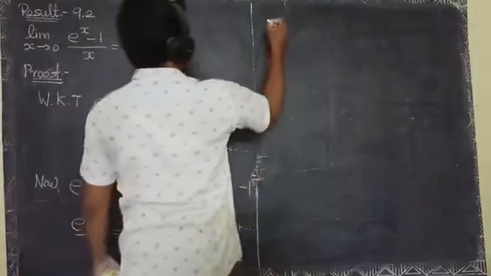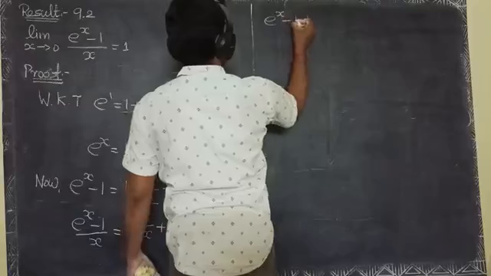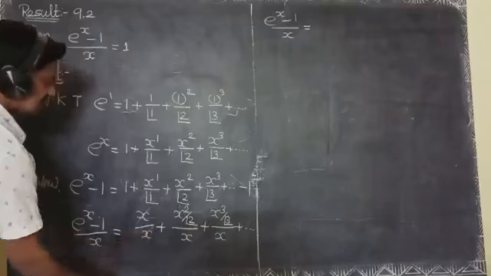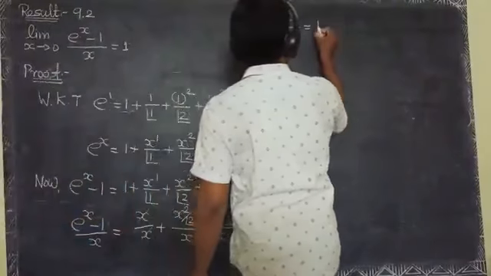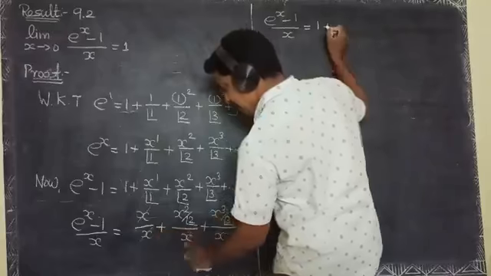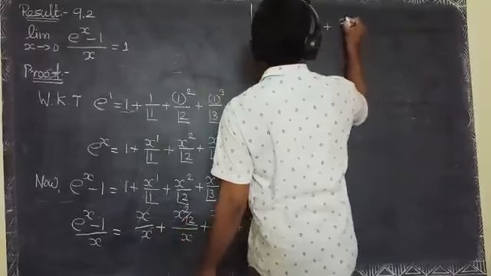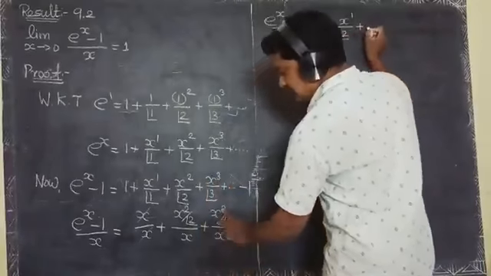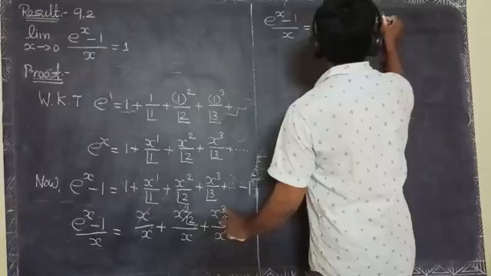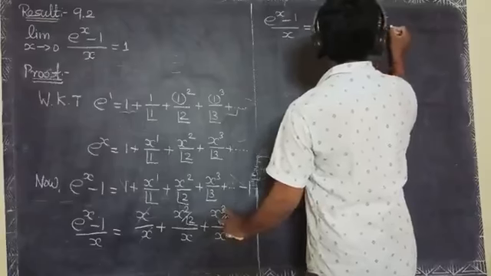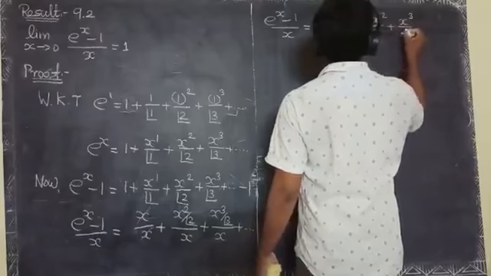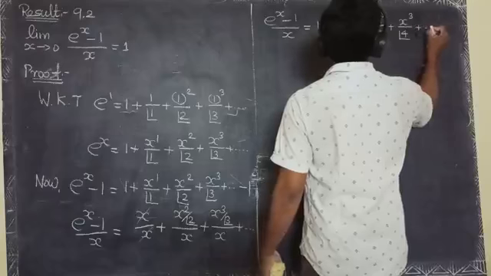Here the x's cancel, so the first term is 1, plus x^1 divided by 2 factorial, plus x^2 divided by 3 factorial, plus x^3 divided by 4 factorial, plus and so on.